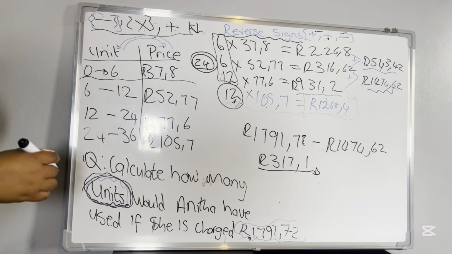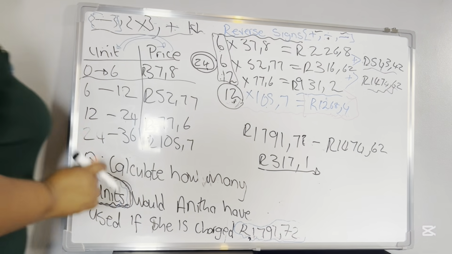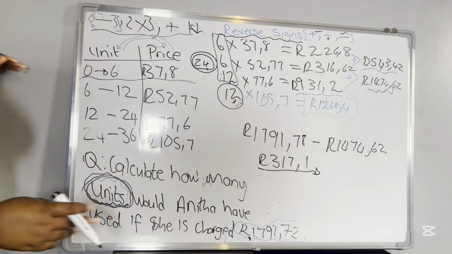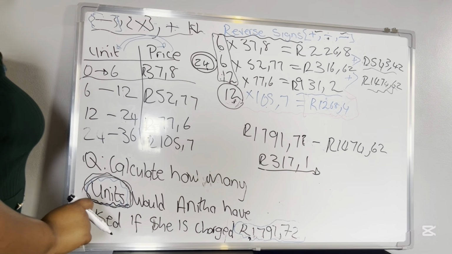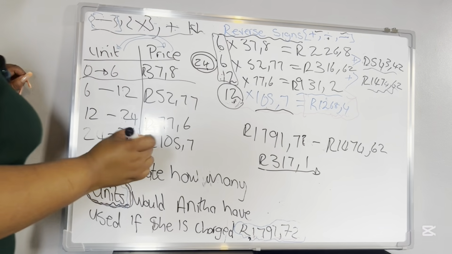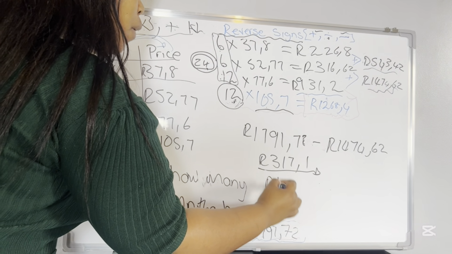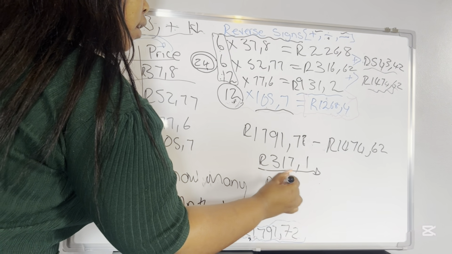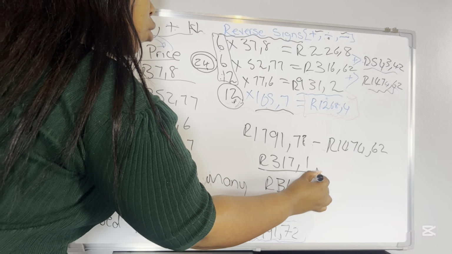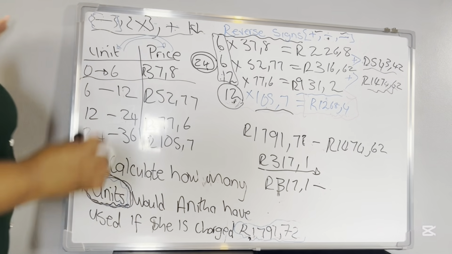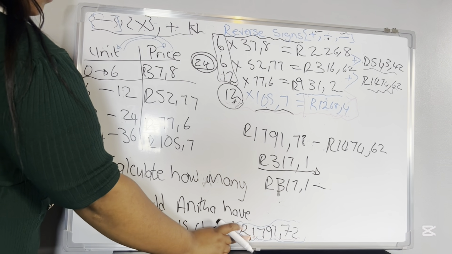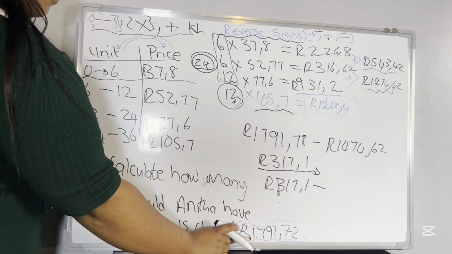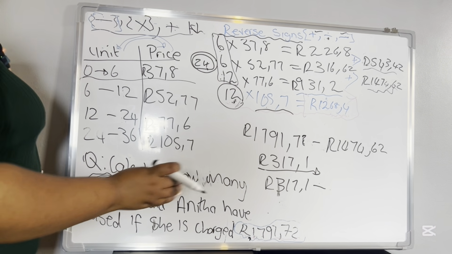Now, the next step, we still have division that we didn't use. The next step is to divide. Which number are we dividing with? So we are dividing our answer, 317,1, by which number? Remember, here we are working with a price. We are given a price, meaning whatever we do on a complex question, we are using a price.